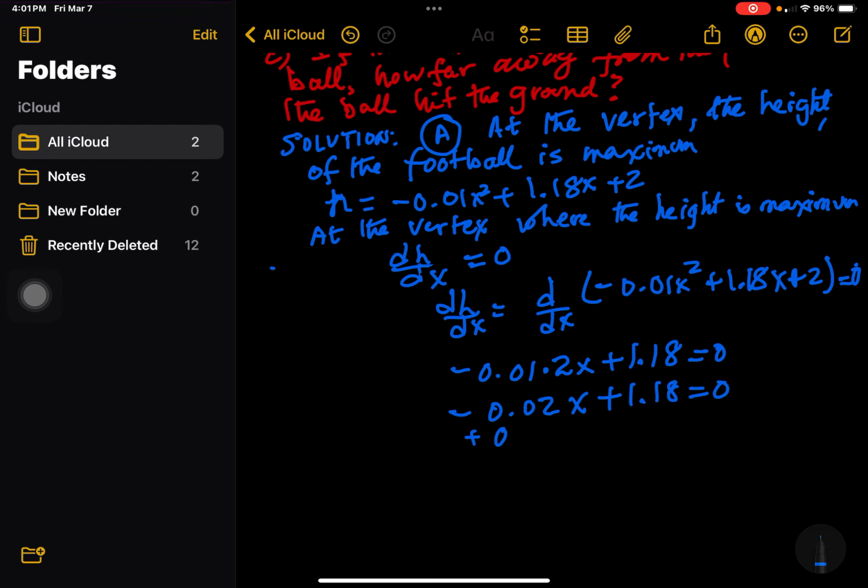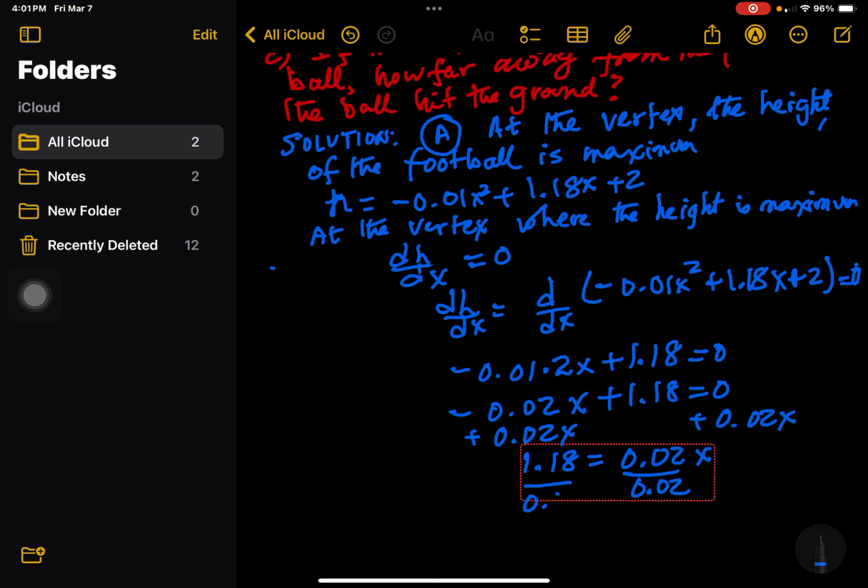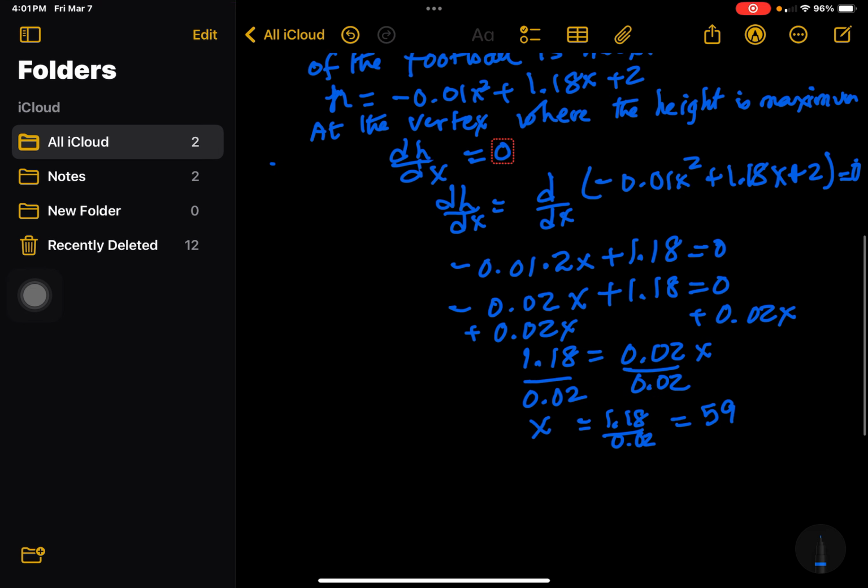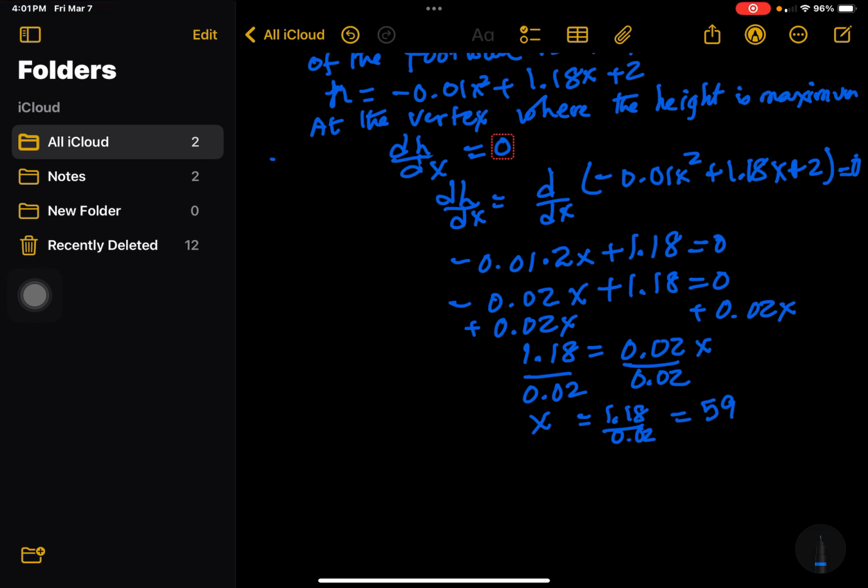If we add 0.02x on both sides, we get 1.18 is equal to 0.02x. Then divide by 0.02 on both sides. So x is equal to 1.18 divided by 0.02 is equal to 59 feet. So x is 59.